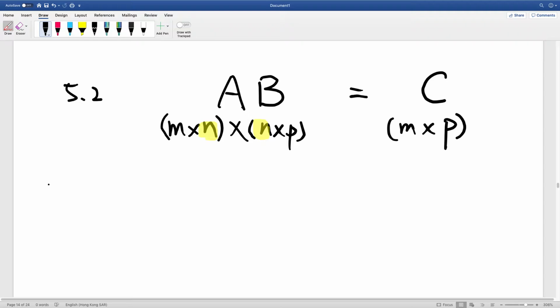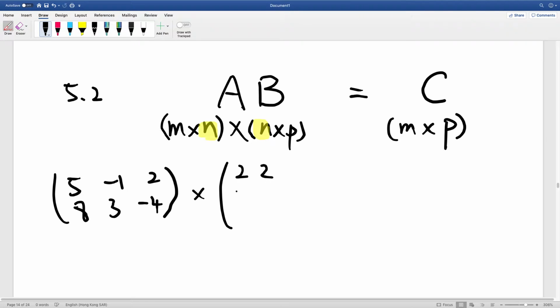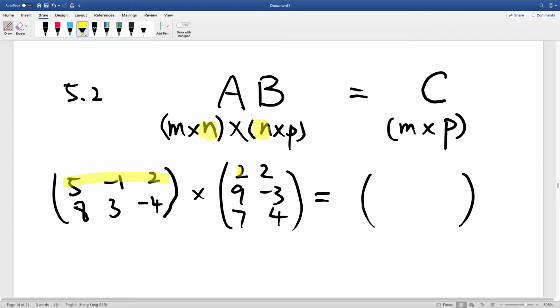Let's do one example here. Actually, you can use your calculator to find the answer, there's a mode called matrix. But first of all, try to do this by hand. First row, first column, that means the number here.